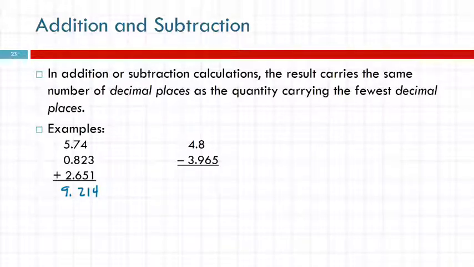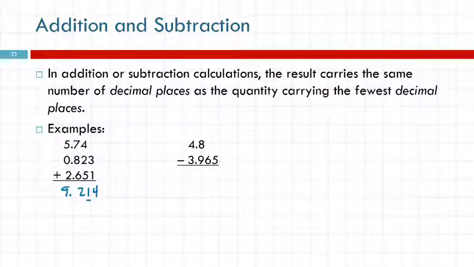So the rule says fewest number of decimal places. So this number 5.74, decimal places are the places after the decimal point. So how many decimal places does this one have? 2. And how about this one? 3. And this one has 3. So 2 decimal places means I'm going to round this to 2 decimal places.